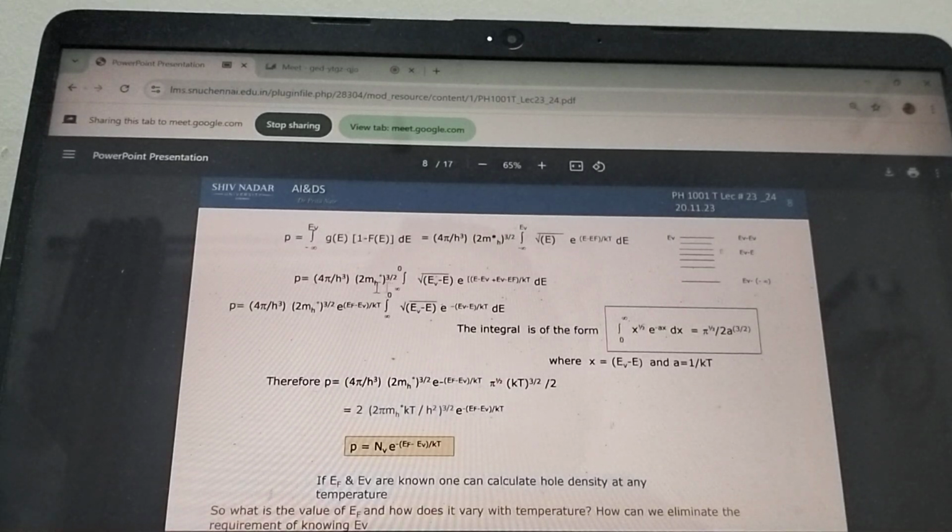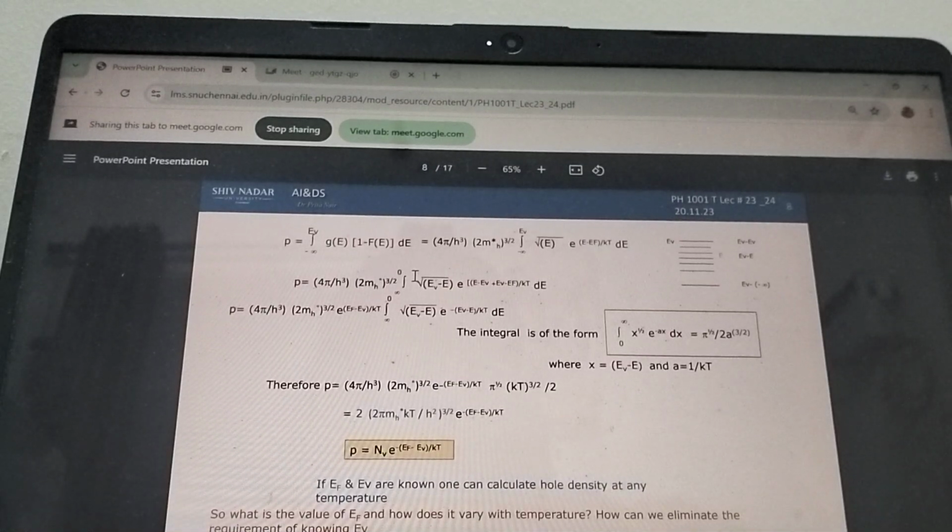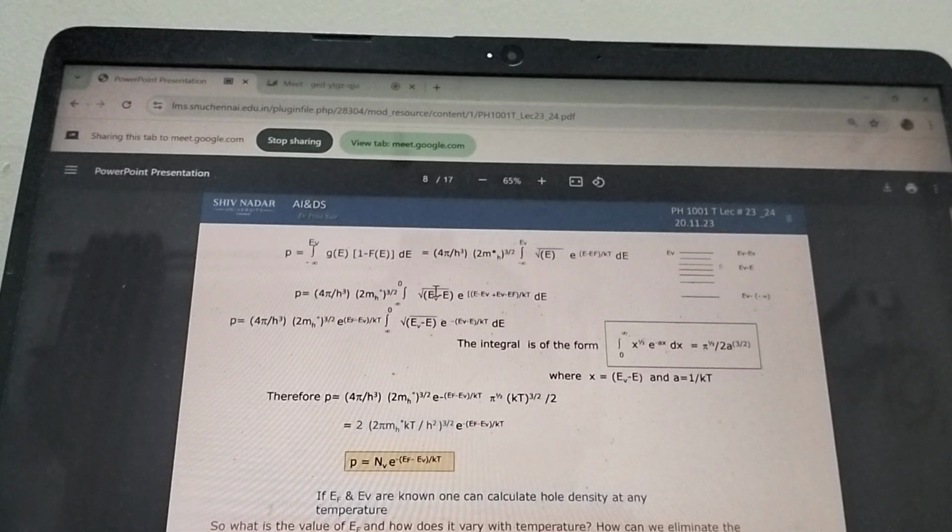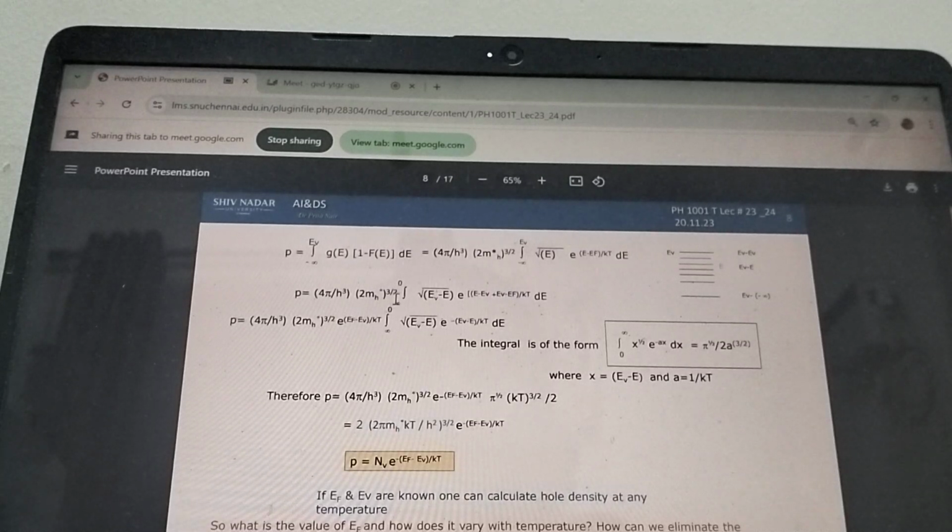The constant part remains the same, and the limits become minus infinity to 0, because EV minus EV becomes 0. Here it is EV minus E to the power (E minus EV plus EV minus EF) by kT dE. What you have to notice is that it is supposed to be minus infinity here, but because we need to bring it between 0 and infinity, we are performing that flip.